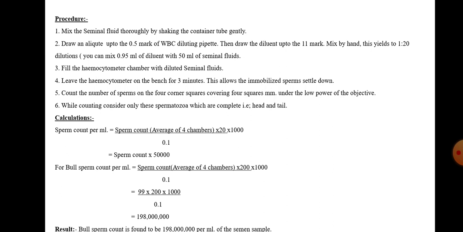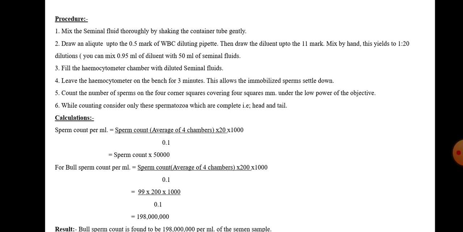Just now I have explained that up to the 0.5 mark you have to take the semen fluid, and from there up to the 11 mark you have to take the diluent or the saline solution. So mix by hand. This yields a 1:20 dilution. You can mix 0.95 ml of diluent with 50 ml of seminal fluid.